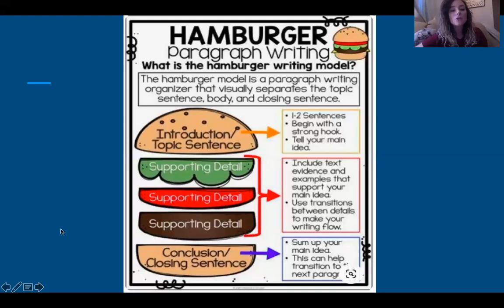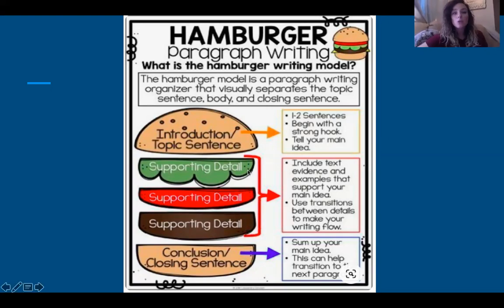So, first you start with your introduction. That's the top bone. You have 1 to 2 sentences, and you begin with a strong sentence to pull the reader in. The reader is somebody who is taking your writing and they're reading it. They want to see what you've written. I'm the reader a lot of times. Your parents may be the readers. In our classroom, we had our friends be the readers whenever they were helping us edit our work.